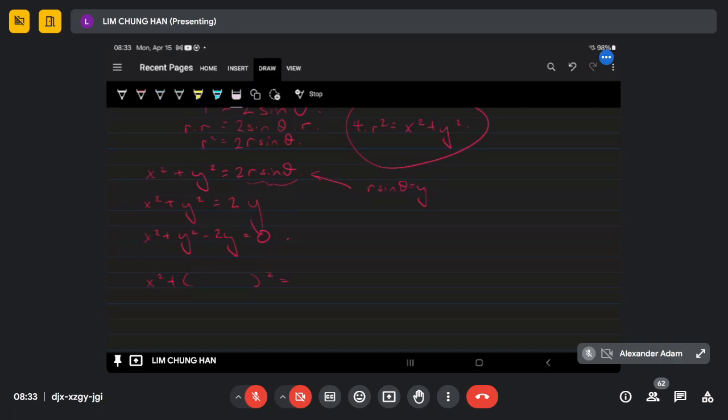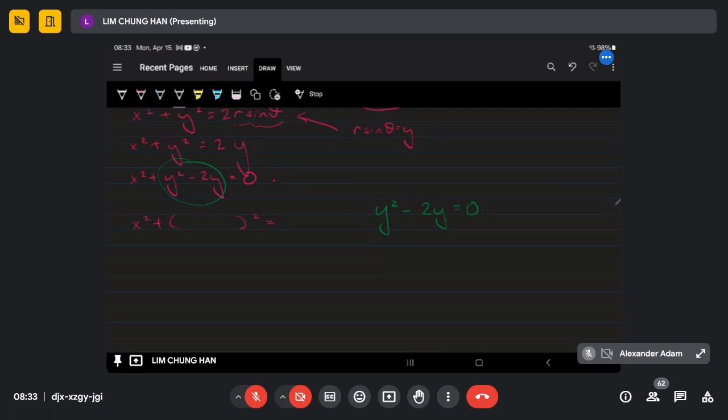Okay, everyone listen. Factorizing, you're supposed to know how to do. But for this example, I will show you. In the future, you have to know how to do it. Use another color, use green. How do you factorize y squared minus 2y equals 0?